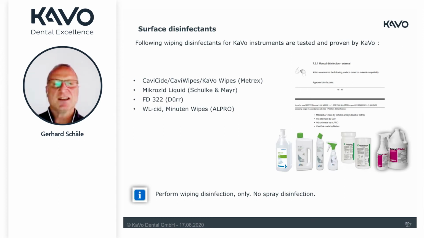Whenever you start to spray an instrument, you must make 100% sure that the disinfectant does not crawl into the inside of the locking system, because here you could create a lot of chemical residues which will stay inside and could harm the locking system, so that it could not move as well as with only oil. So just take a wipe, spray on it, and then you take the wipe or the tissue and you do the outer disinfection on the surface with the tissue. That's how we want to have it.